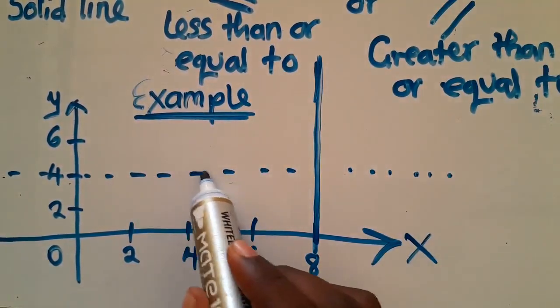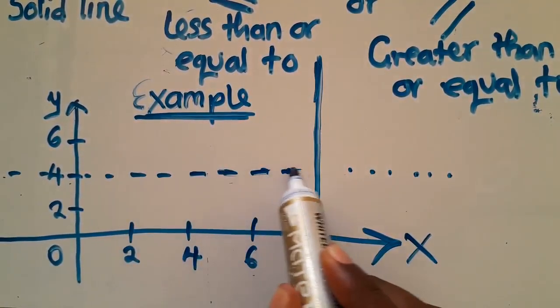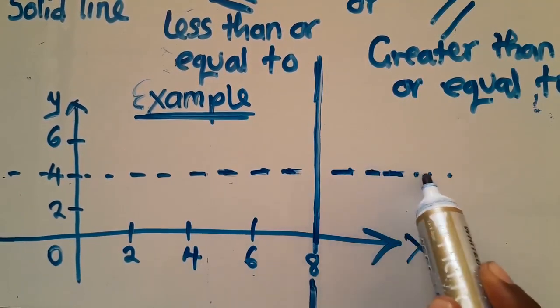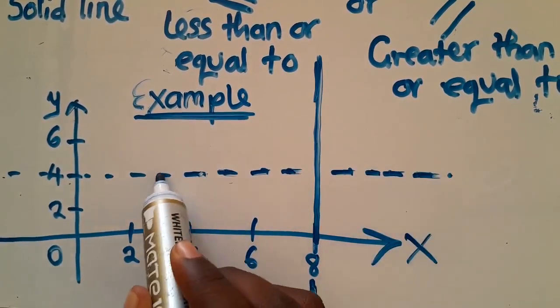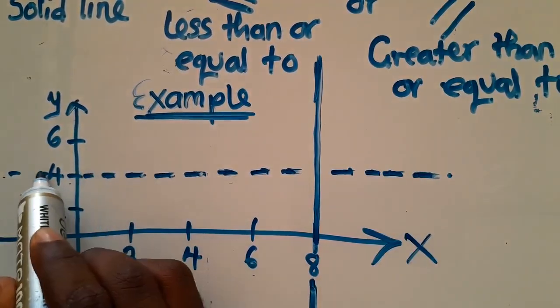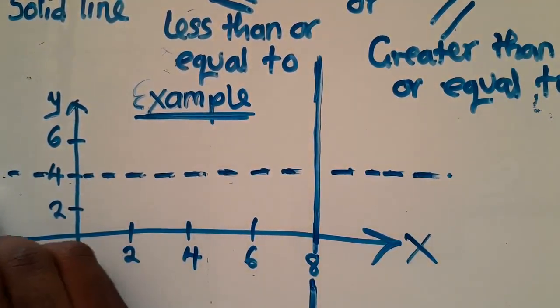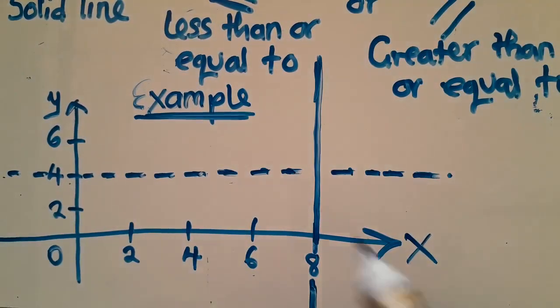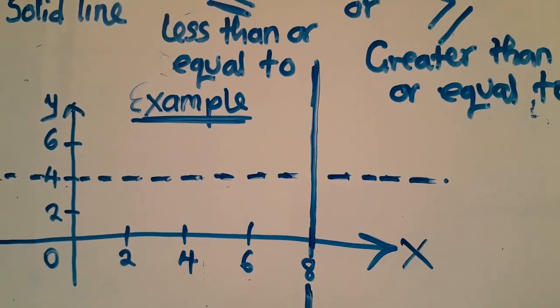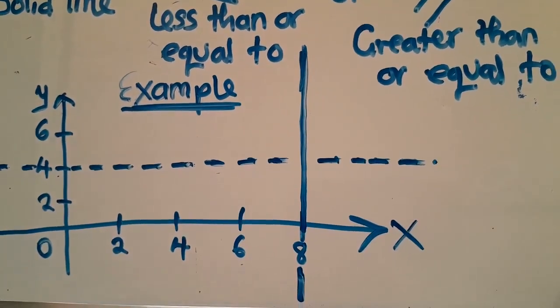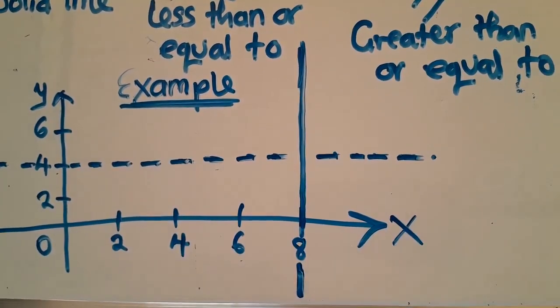This one is cutting the Y axis. Then you want to write the inequalities of these two lines. How can you know the inequality of this line, or the inequality of this line?